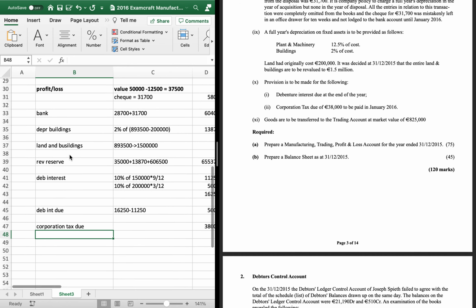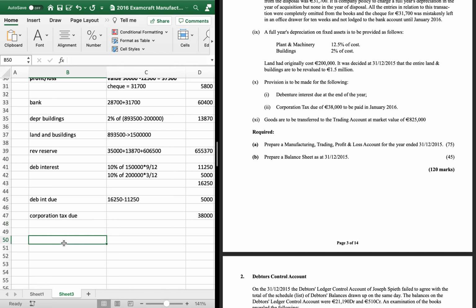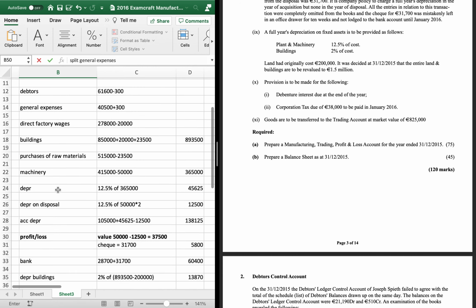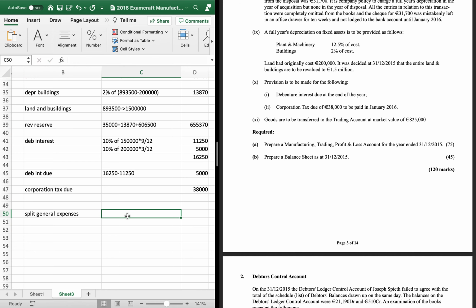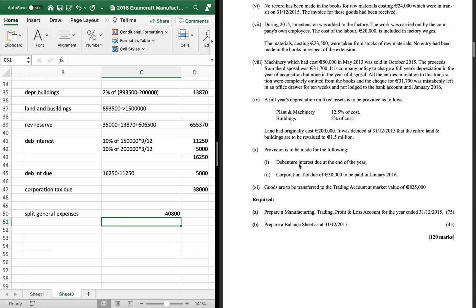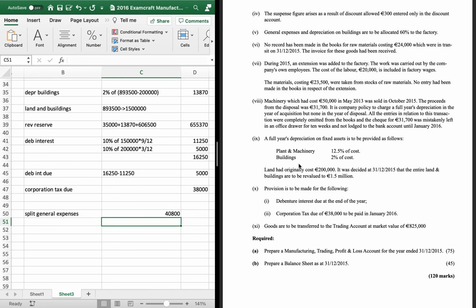Just the last thing is split your depreciation and your general expenses. So the general expenses is 40,800, and we're saying that 60% of that is for the factory, and then the rest of it will be admin.